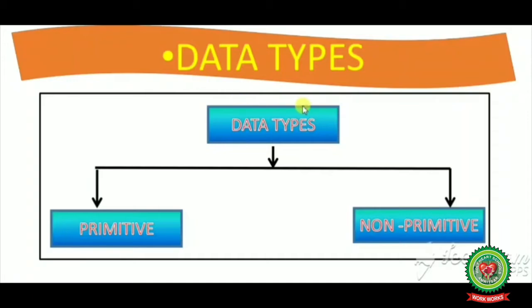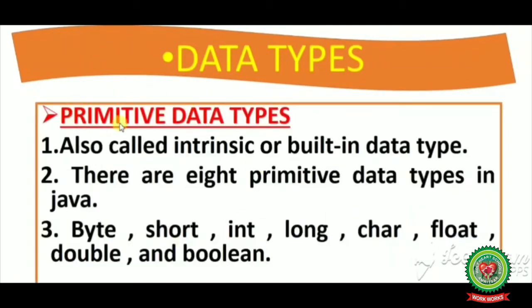So, data types are of two types. Number 1 primitive and number 2 non-primitive. Start with primitive data types, also called intrinsic or built-in data types. Built-in means that are already made, already designed in Java programming.